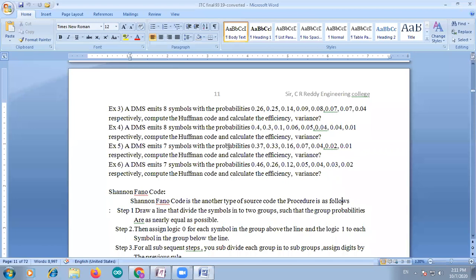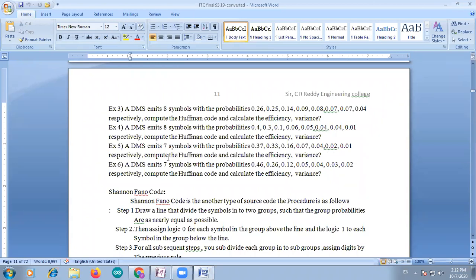Compute the Huffman code and calculate the efficiency and variance. Once again, the probabilities are 0.4, 0.3, 0.1, 0.06, 0.05, 0.04, 0.04, 0.01.